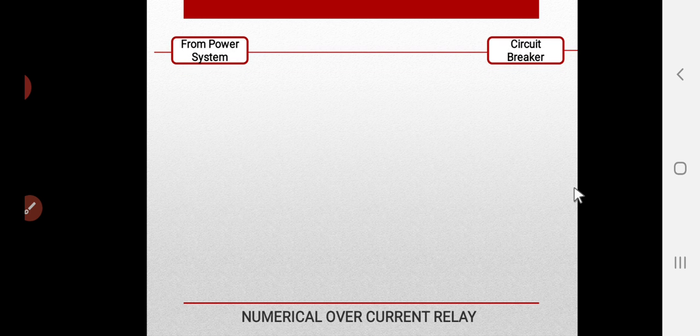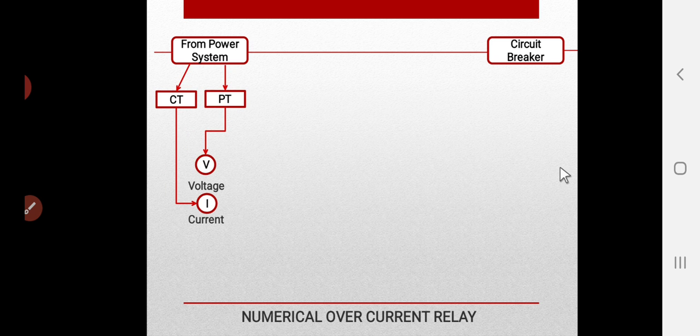But now we will consider the numerical overcurrent relay. Here we continuously measure voltage and current using individual CTs and PTs. These are analog signals, passed through a filter to filter out the signals.